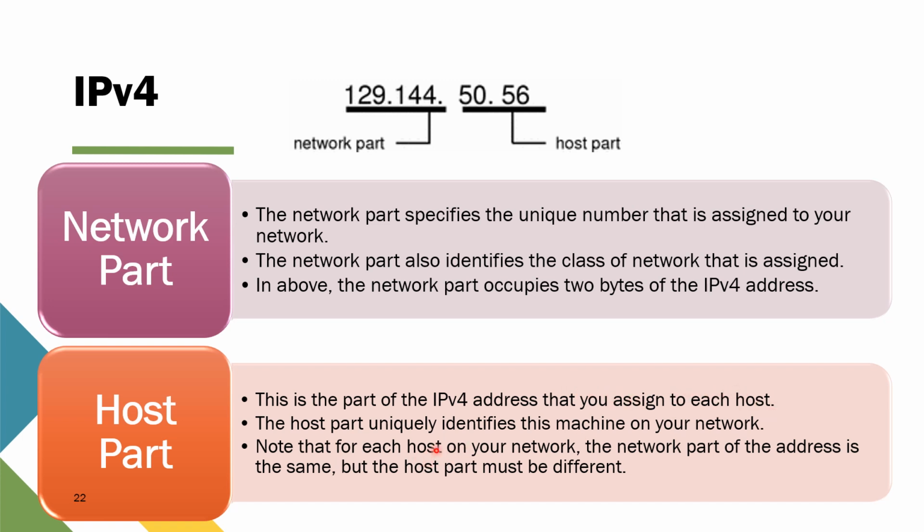The host part uniquely identifies this machine on your network, and take note that for each host on your network, the network part of the address is the same, but the host part must be different. As I mentioned, in one university everyone is using the same network part, but when we assign a different computer to it, the host part will be different for each computer.